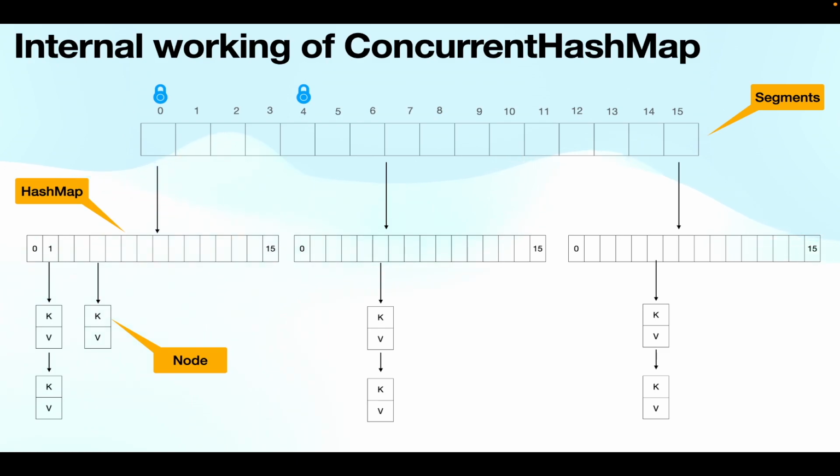How does it work? Let's see. In hash table, all the methods of hash table are synchronized. So due to this overuse of synchronization, the performance suffers. Whereas in concurrent hash map, instead of taking a lock on the entire map, it takes a lock on the particular section that needs to be marked as safe.